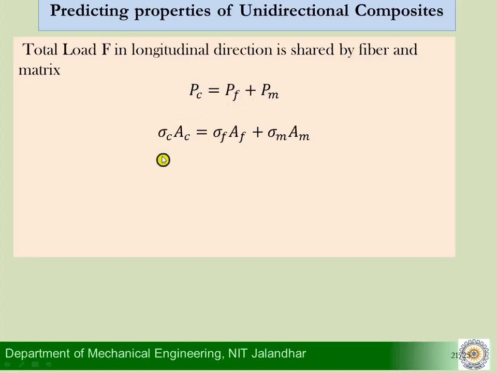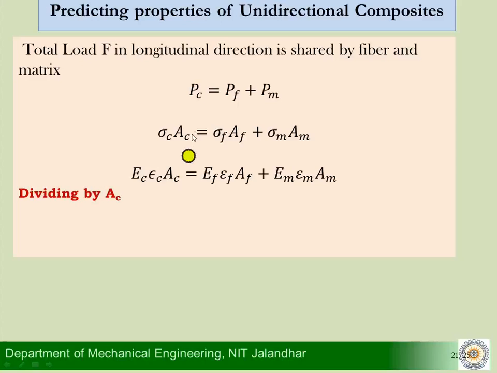I rewrite P as sigma C AC, similarly PF as sigma F AF, and PM as sigma M AM. Because Hooke's law is valid, I can simply write sigma C as EC epsilon C, and similarly sigma F as EF epsilon F, and similarly sigma M as EM epsilon M. If I divide this whole expression by AC, that is the total area of the resulting composite, I get EC epsilon C equal to EF epsilon F times AF upon AC, plus similarly EM epsilon M times AM upon AC.